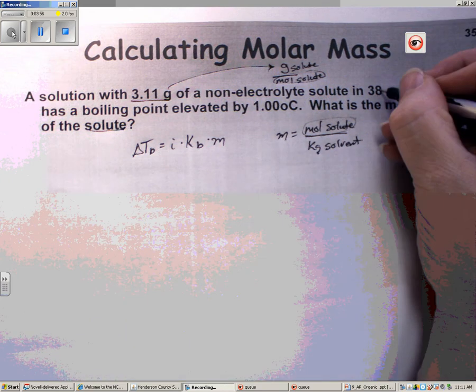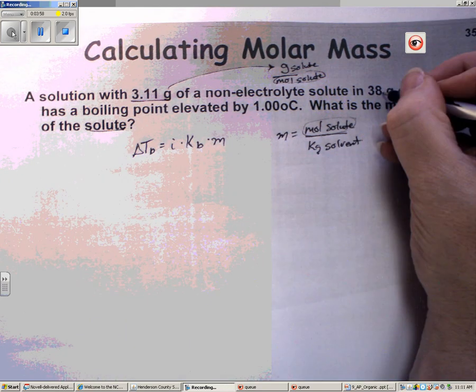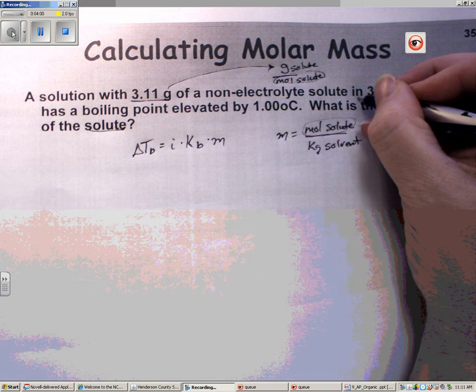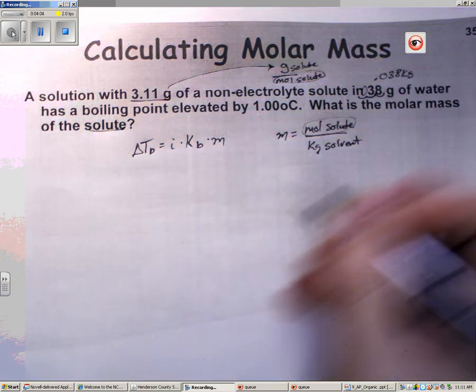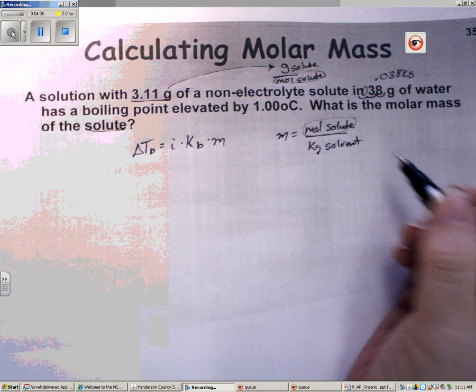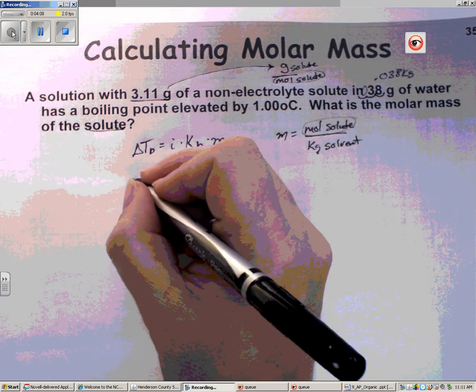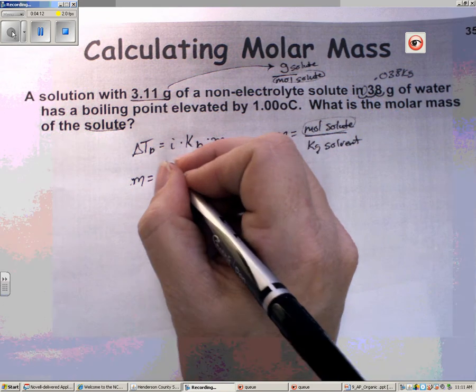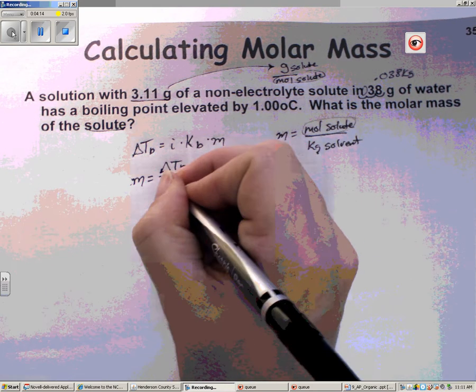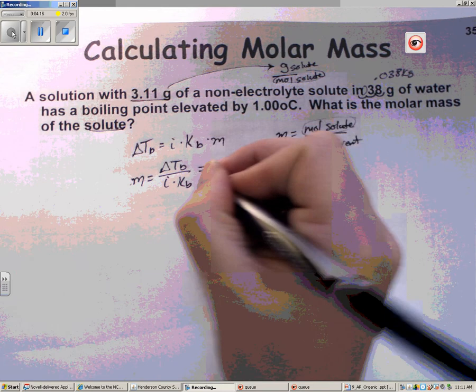I don't have my kilograms, but I can easily get it. I have grams. I'm going to move it over 3 places, so 0.038 kilograms. I don't have the molality, so I'm again going to use this equation, just rearrange it: ΔTb over i times Kb to get my molality.